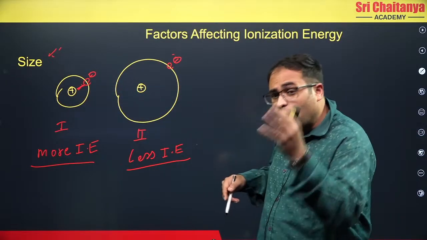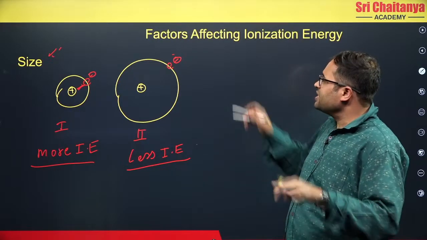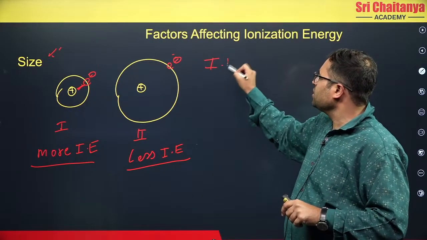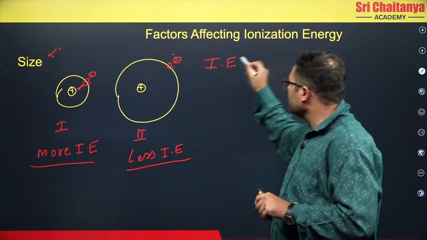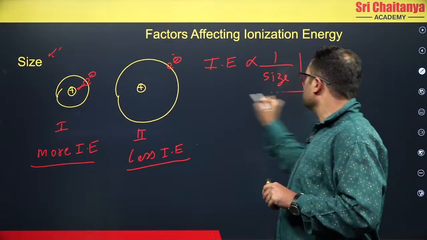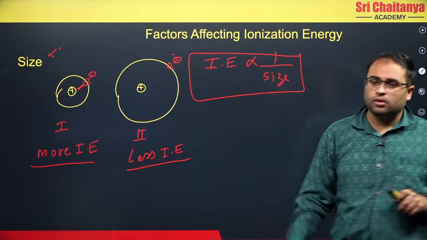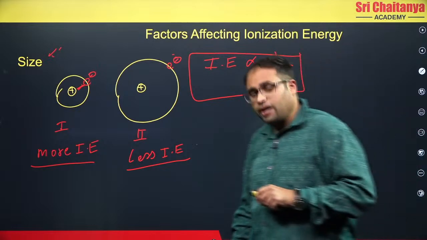So if I talk about how ionization energy depends on size, simple: ionization energy is more when the distance is less. It is inversely proportional to size, right?